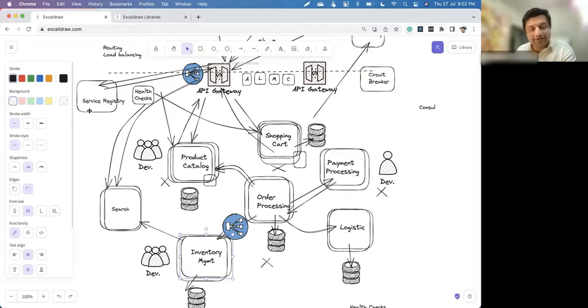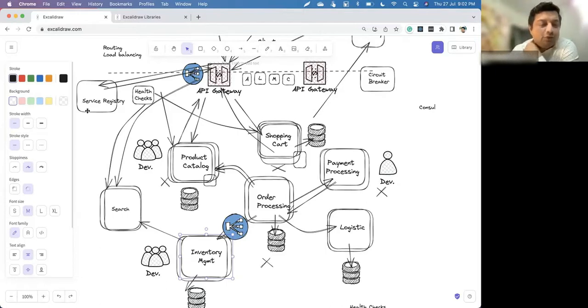You need a central place where this information is kept: how many instances of a particular service are available, or which port and which host a particular service is on. There could be new services coming in, and changes in existing services.